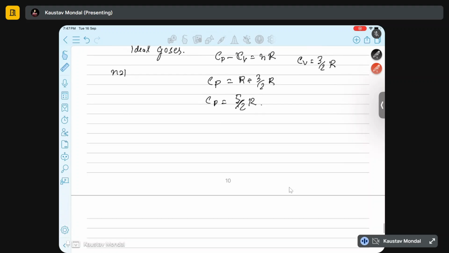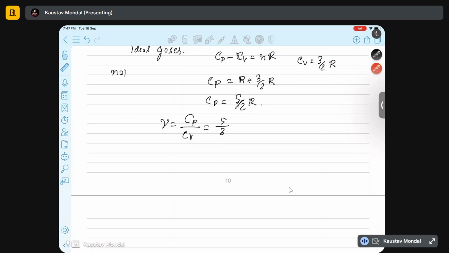There is also one more quantity denoted by gamma, which is nothing but the ratio of Cp and Cv, which is basically 5 by 3. This gamma we have learned in the thermodynamics course; it is the adiabatic constant.